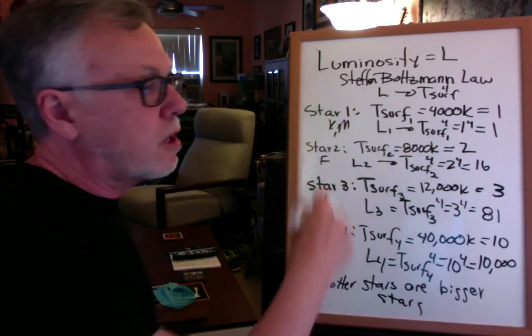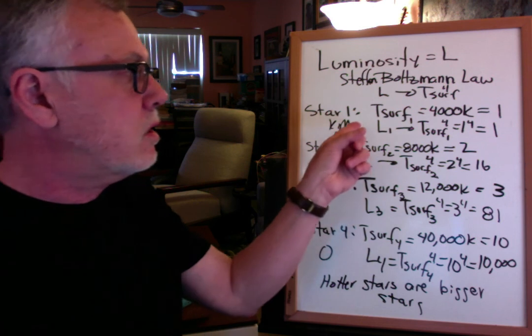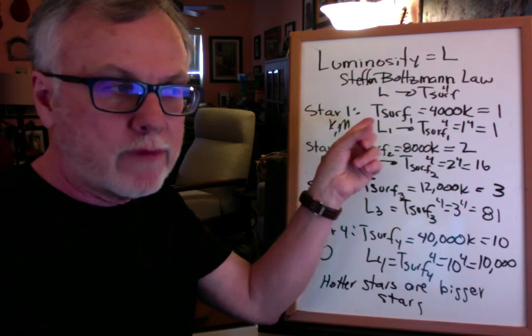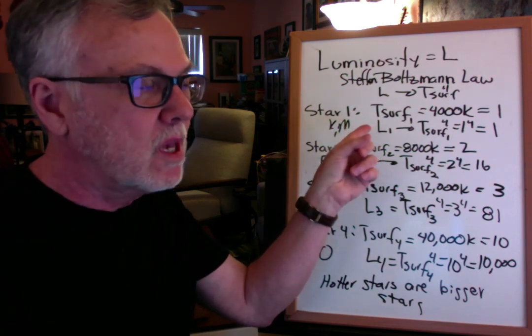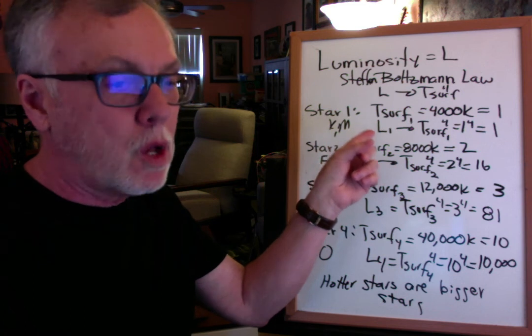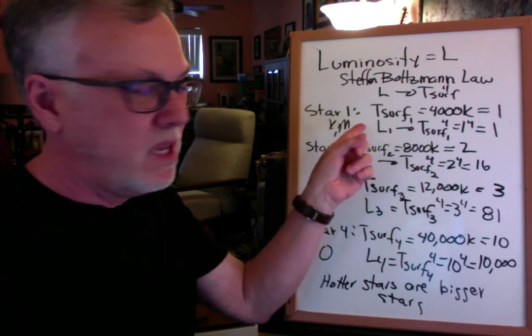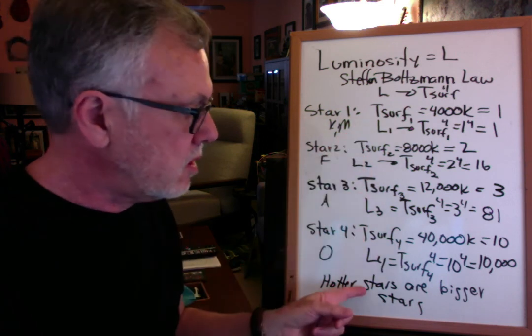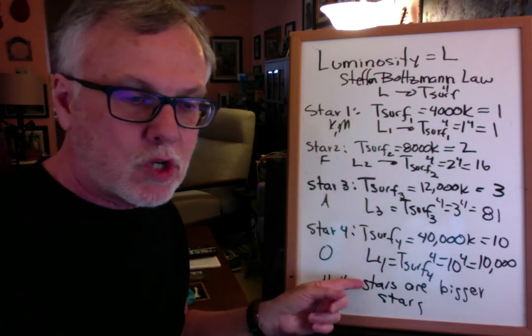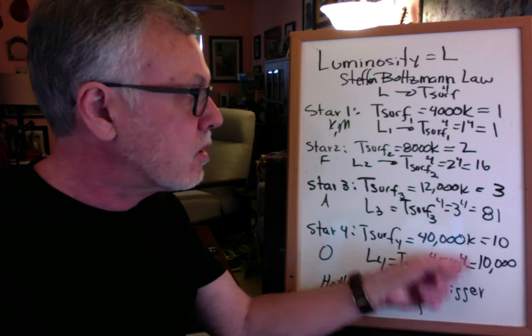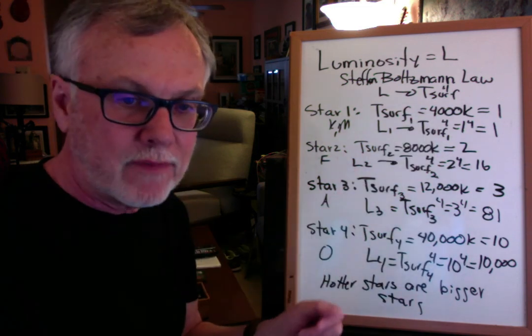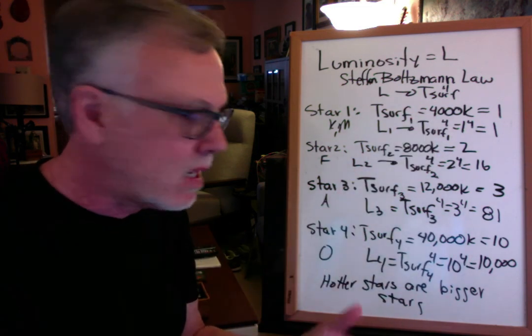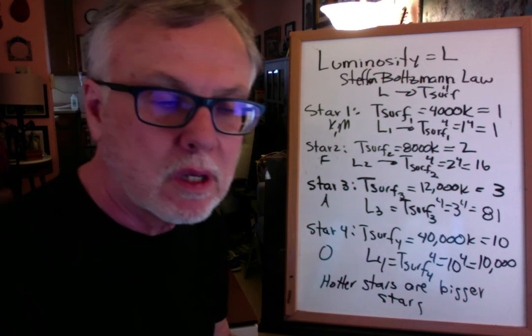So these cool stars, not only do they not have a whole lot of energy flowing out of every square meter, but also it turns out that they don't have as many square meters compared to these hot stars, which have tremendous energies coming out of every square meter every second, and there's a heck of a lot more square meters.